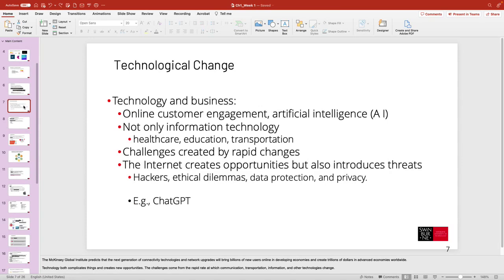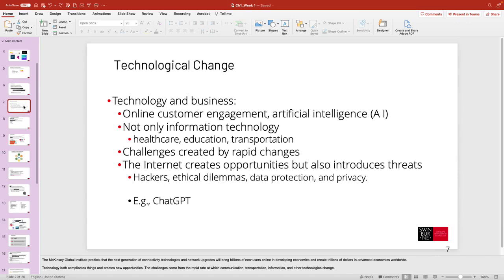As you know, sometimes it's really hard for us to keep up with technological changes. We talk about online customer engagement, artificial intelligence, the way we use chatbots, and how the healthcare, education, and transportation industries are using technology. It's not just information technology that's changing, the way we use technology is changing as well.